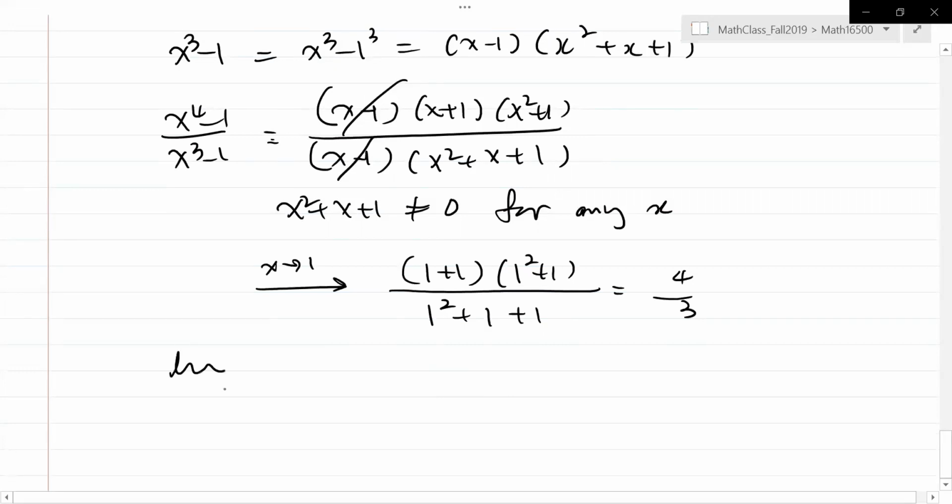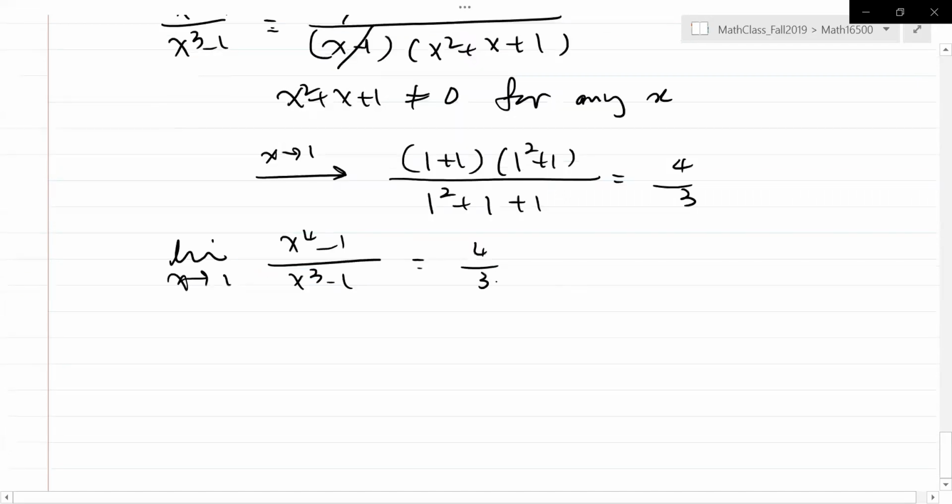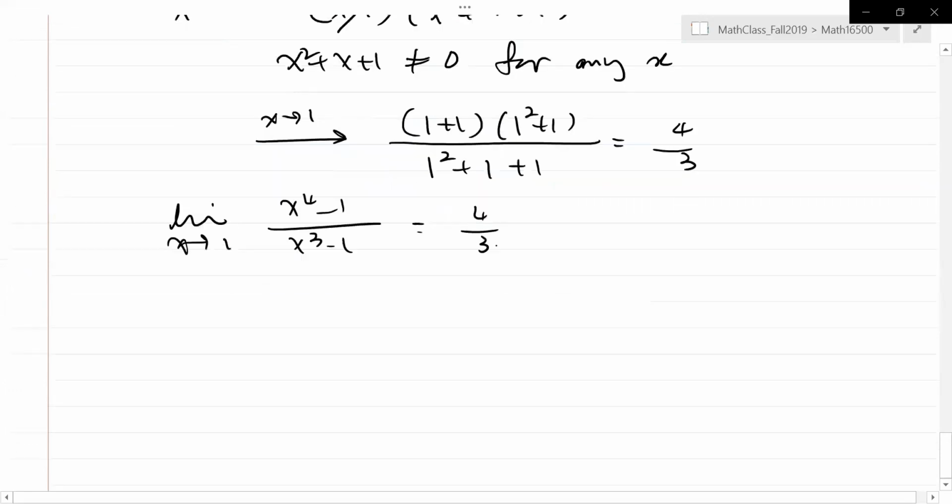Therefore the limit is 4 over 3. Now, it's a surprise, right? We did not expect such a limit at the very beginning. All right, let's move on.